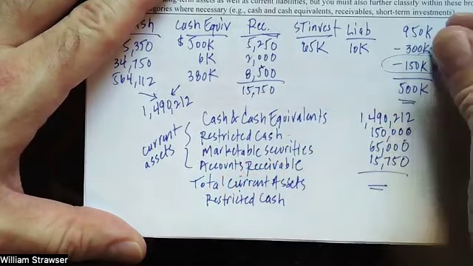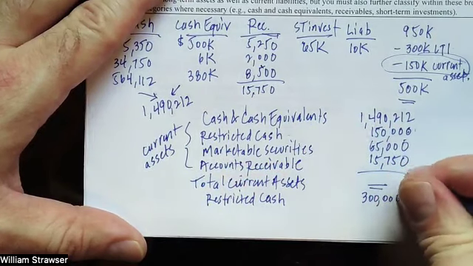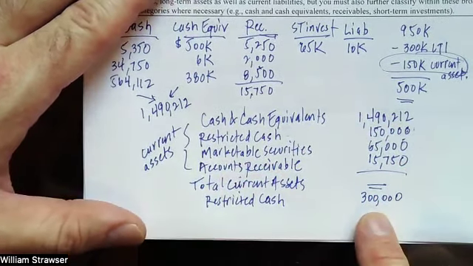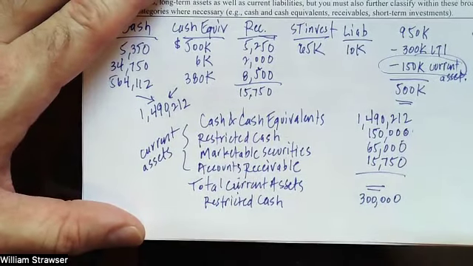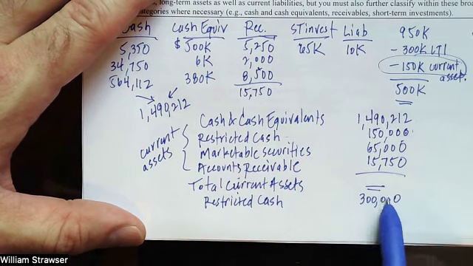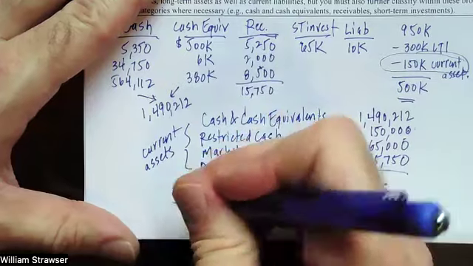And it's not a current asset because I won't be able to spend it until the restrictions go away. And those restrictions were tied to debt that had 3 years until that debt was going to mature. So this is going to have to sit for 3 years. This is a long-term investment.